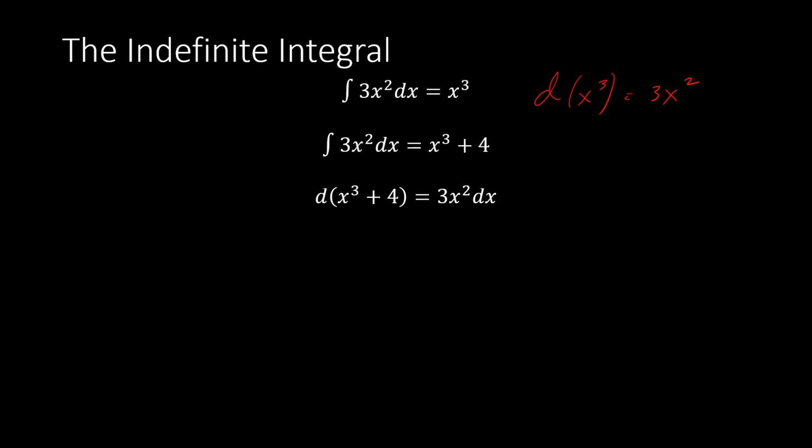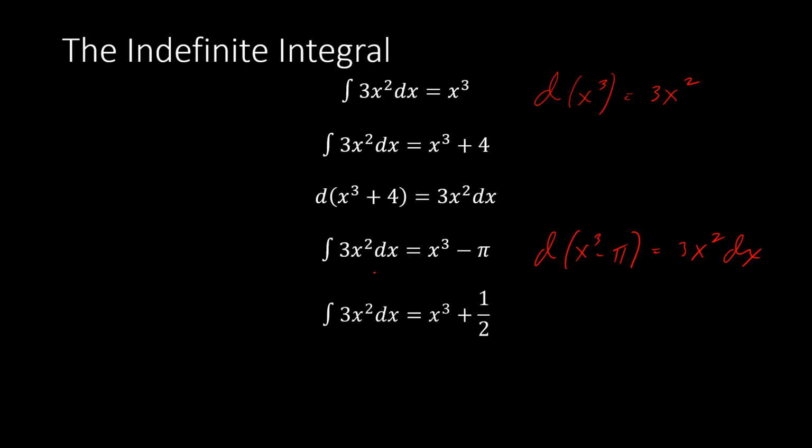Taking the differential of x cubed plus 4, we will be getting the same differential 3x squared dx. Still another is x cubed minus pi. If we take the differential of x cubed minus pi, negative pi being a constant will be 0, thus we'll get 3x squared dx.